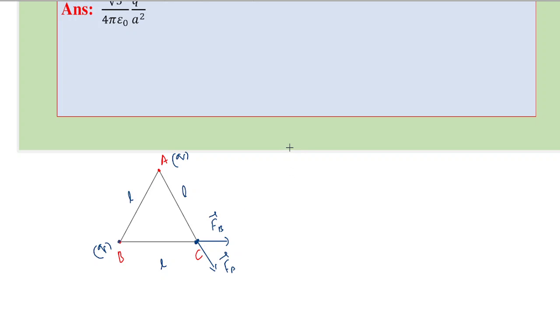Now Fa is given as K Q by L square. In terms of a vector quantity, Fa would be K Q square by L square, and a vector would involve direction also. It's along AC.